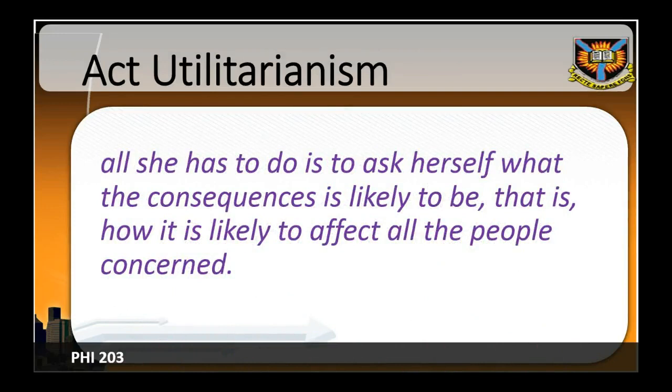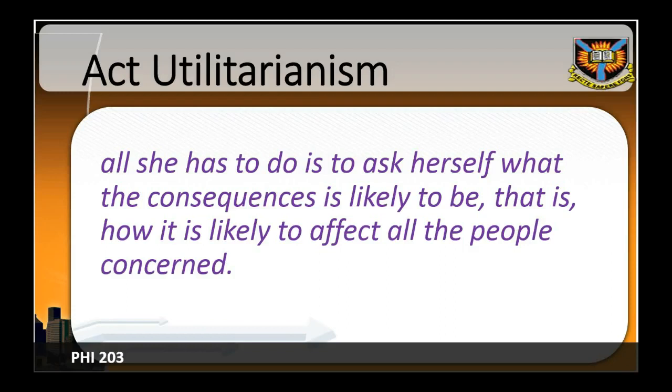In this case, Alehiri might have to consider the likely consequences in relation to herself, the fetus, the man who impregnated her, and so on. If she realizes that the likely consequences of the abortion will bring about more good than evil for more of the people involved, then according to act utilitarianism, abortion is morally right for Alehiri to go for.